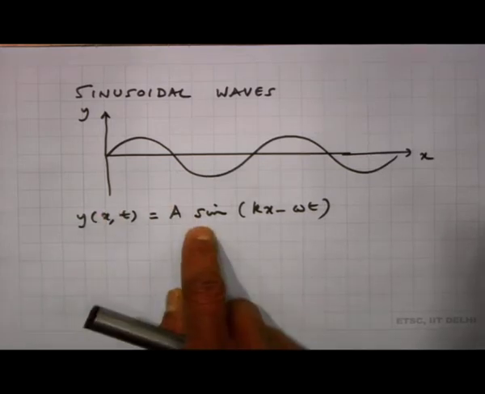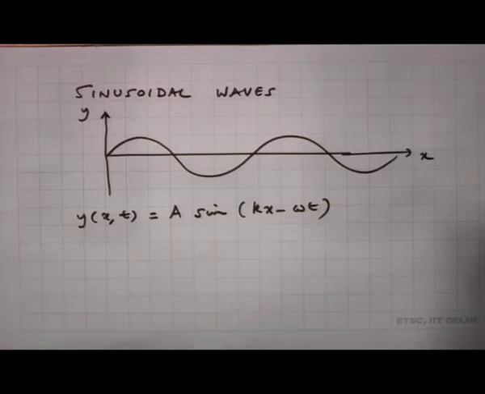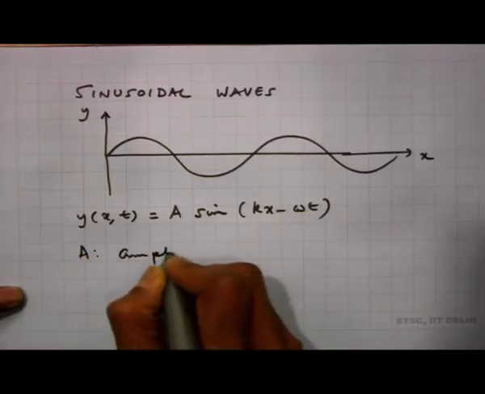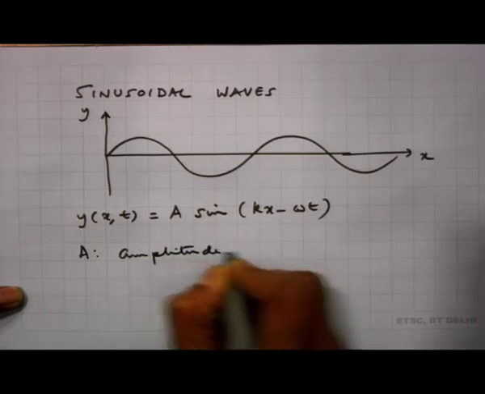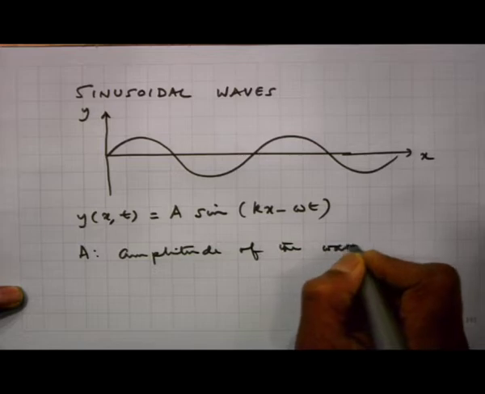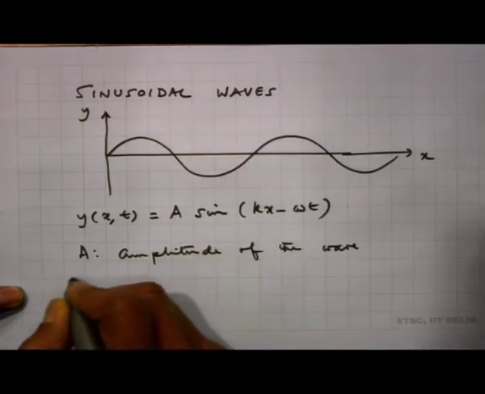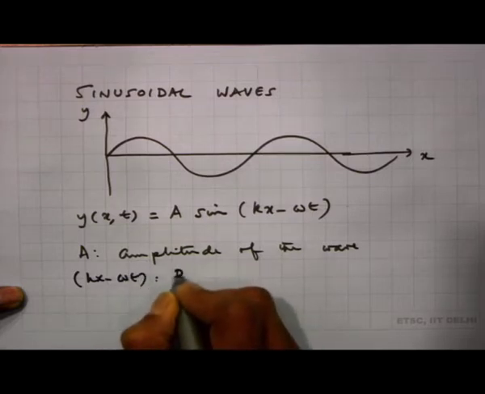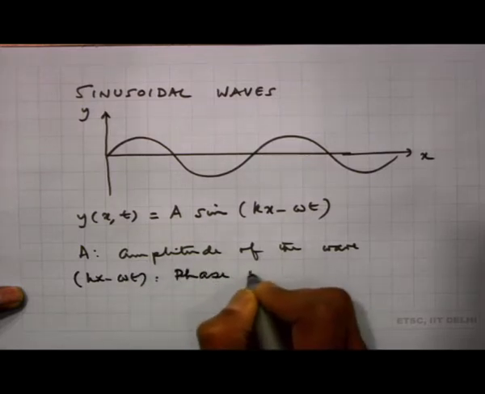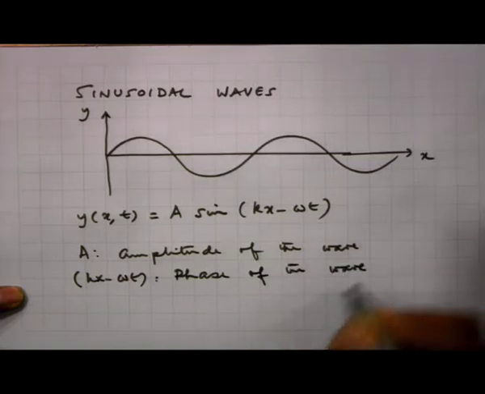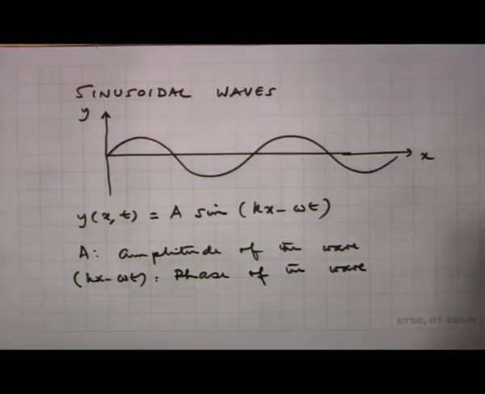These are sinusoidal waves, and A is called the amplitude of the wave, the maximum displacement, and this quantity kx minus omega t is called the phase. Kx minus omega t is referred to as the phase of the wave.